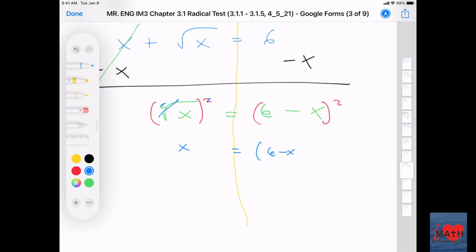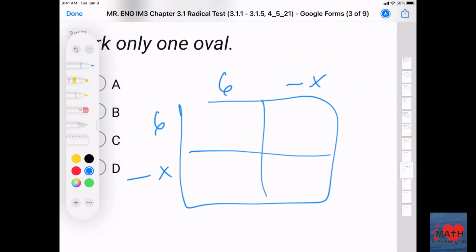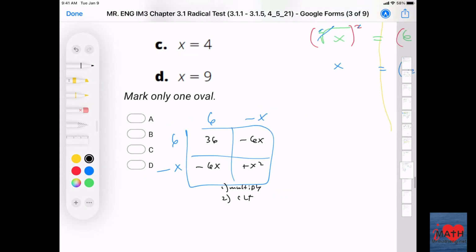You really have 2 of those, right? So let's go ahead and multiply. I'm just using FOIL. Multiply, then add 36, negative 6x, negative 6x, positive x squared. Okay, so we multiplied, and now we're going to combine like terms or add.